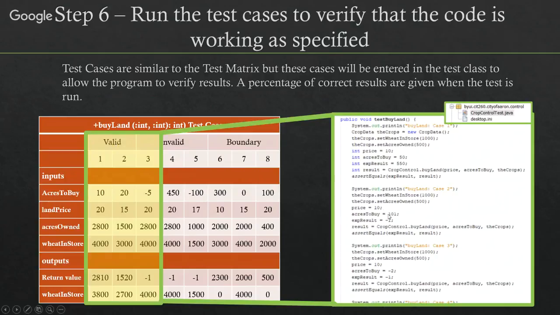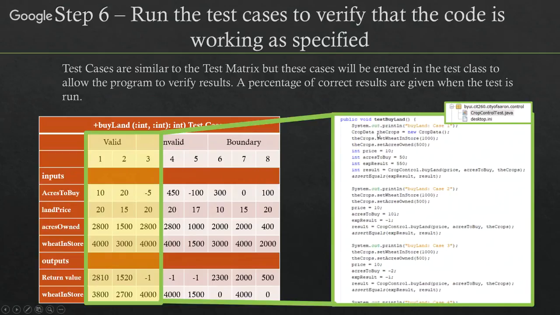So just to show an example here, we have actually 8 test cases, so we have a broader range of different entries that could be done. So we have valid, first of all, here in our test buy land, we print buy land case 1, just so we know that we're now executing this code, and that goes to the console.